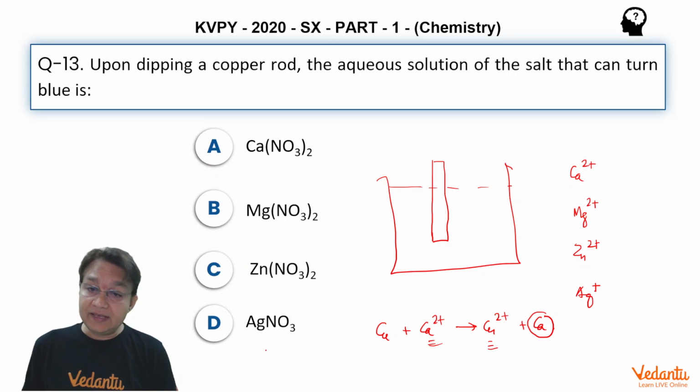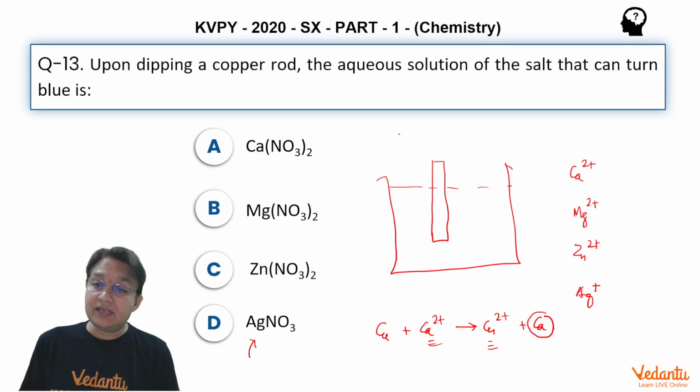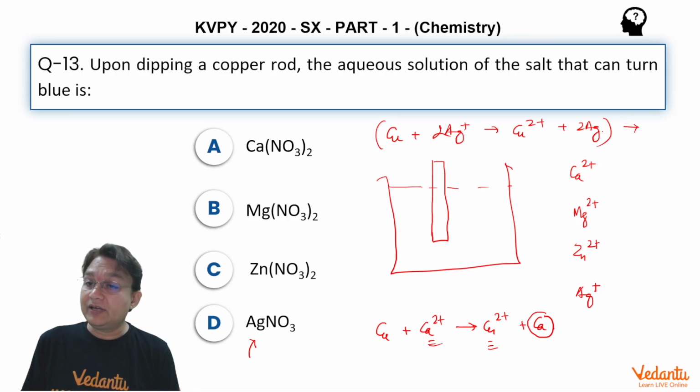But here is an ion, Ag+ ion, which is very easily reducible, which has a great tendency to get reduced. So it has more tendency to get reduced as compared to copper. That is why this reaction is feasible: Cu + 2Ag+ forms Cu2+ + 2Ag. Why is this reaction happening spontaneously?